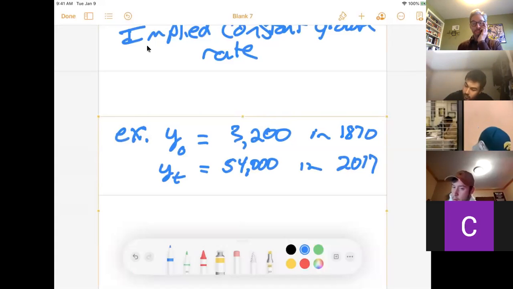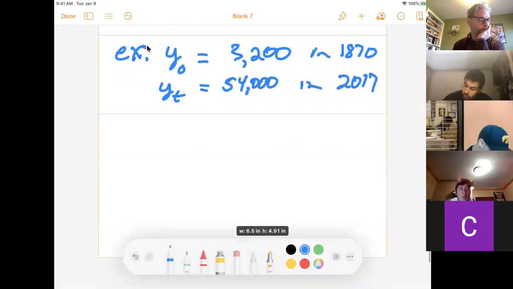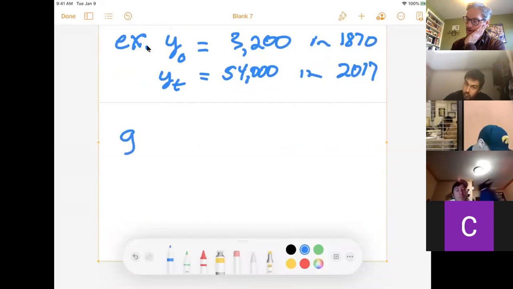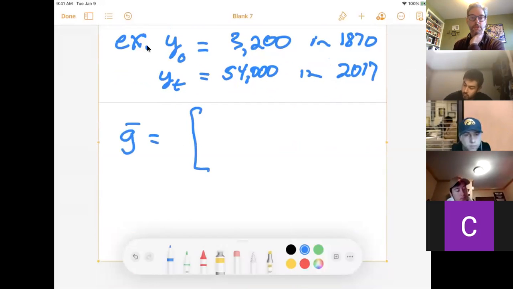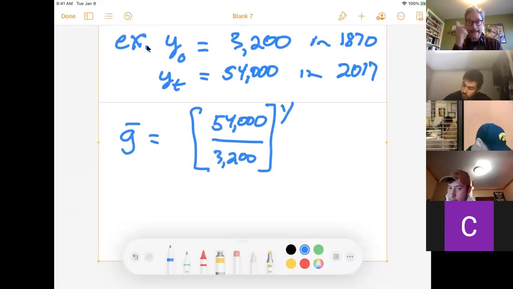And what's per capita GDP in 2017? It's about 54,000. So then what is our implied average growth rate? We just use that formula we had before: GDP at the end of the period divided by GDP at the beginning of the period, all to the 1 over n power. n is the number of periods, right? So there's 147 periods. And then we subtract out 1.